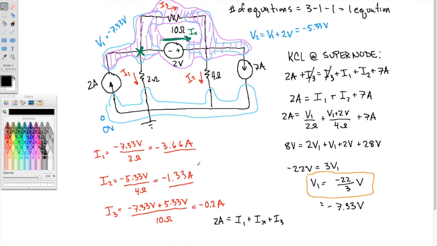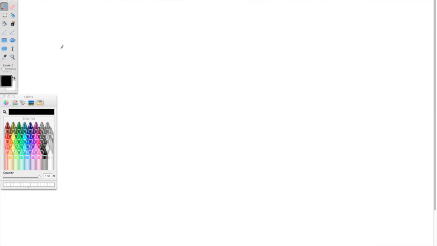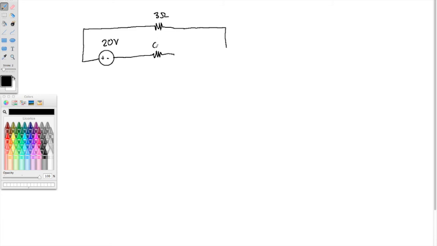Okay, and I have one more example for you that I'd like to run through. And this one is different because it involves a dependent voltage source. So all of this analysis still applies with dependent sources as well. So let's say we have a 20 volt source there. Six ohms.